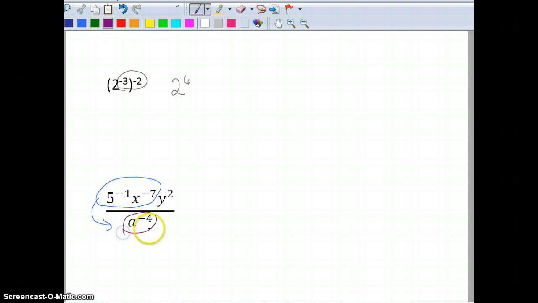A to the negative fourth is going to go up to my numerator. So my solution is a to the fourth y squared over 5x to the 7th.